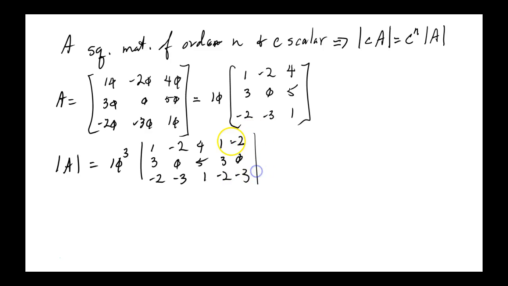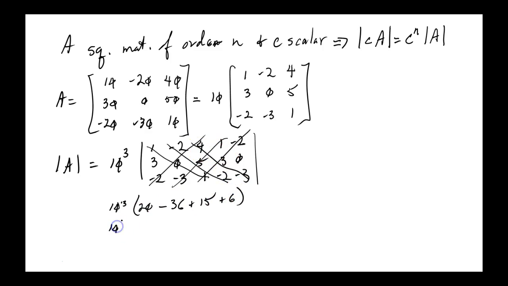Then do your diagonals. This one would be 0. This one would be 20. So it's 10 cubed times 20 minus 9 times 4 is 36. Then doing the up diagonals, that's going to be a 0. That one's going to be a plus 15. And this will be a plus 6.